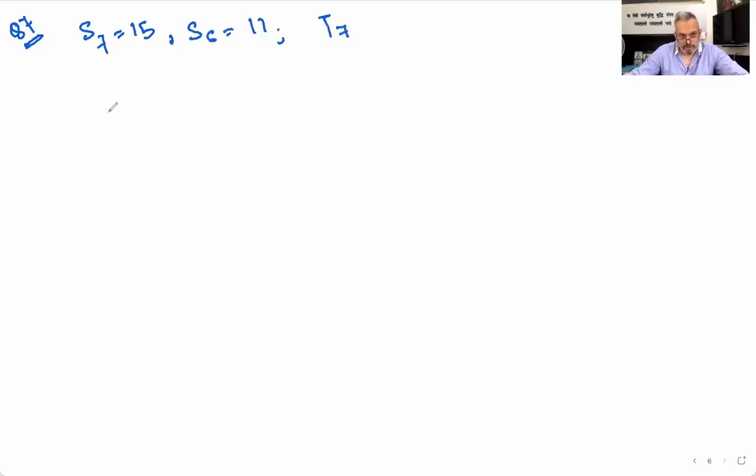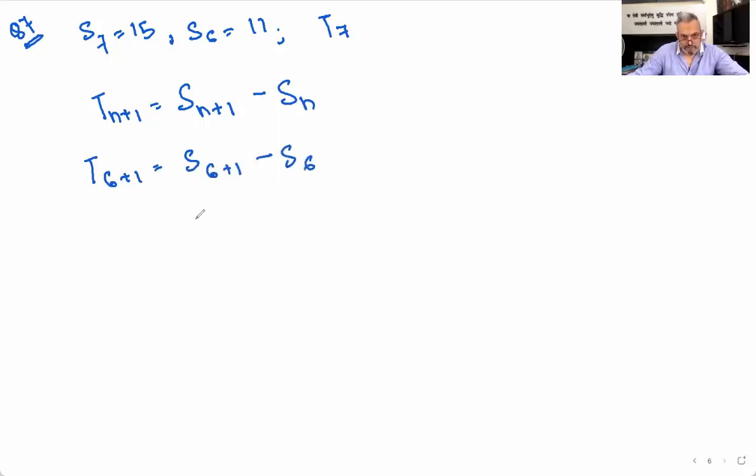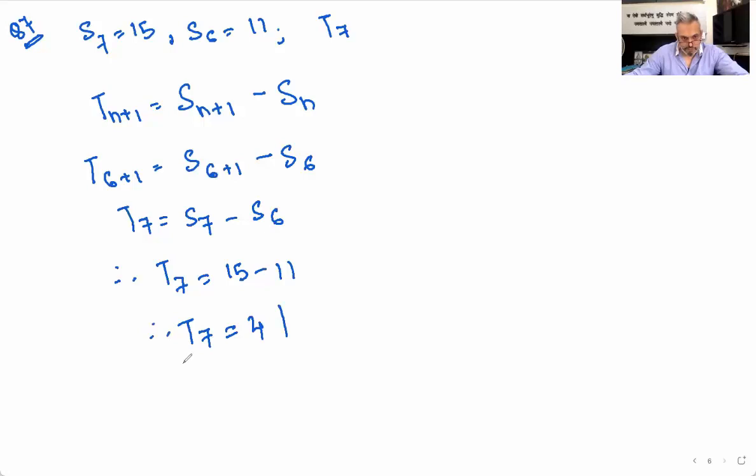We go to this formula, Tn plus 1 is equal to Sn plus 1 minus Sn. So T6 plus 1, which is 7, is equal to S7 minus S6, which is T7. Therefore, T7 is equal to 15 minus 11. Therefore, T7 is equal to 4. Answer.